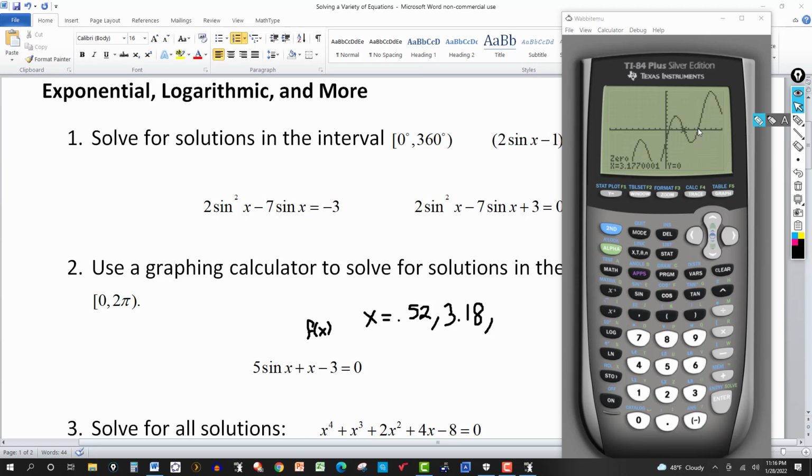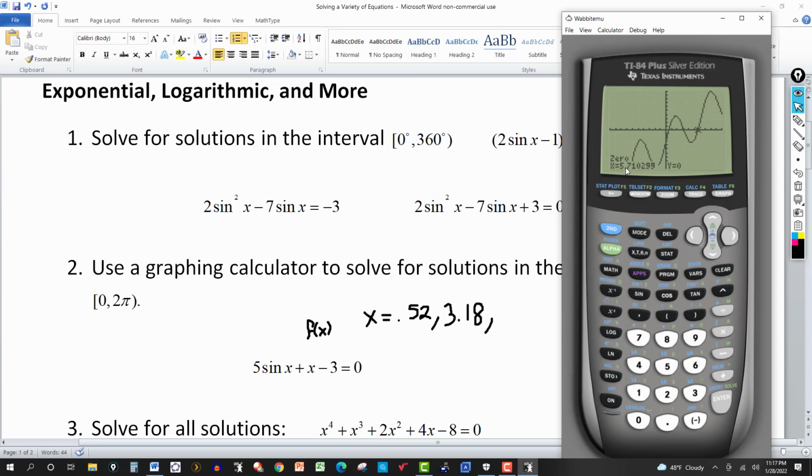Okay, now there's one more here also. So go second, again, calculate menu, number 2. And hit enter. We're right to the left of that point. Right bound now. Past it, hit enter. And then for the guess, you can ignore it, hit enter.